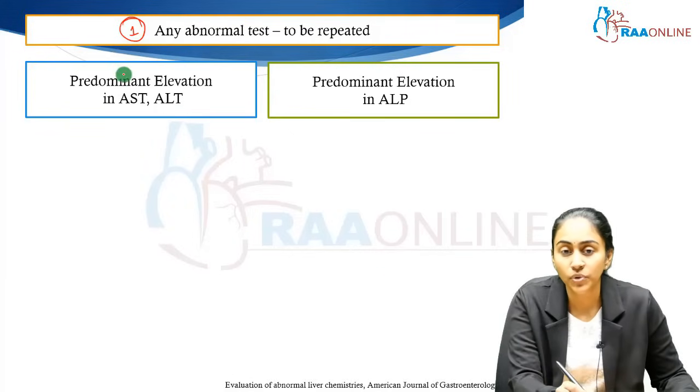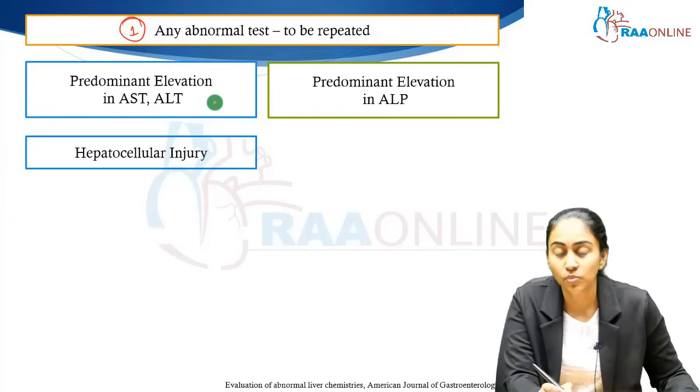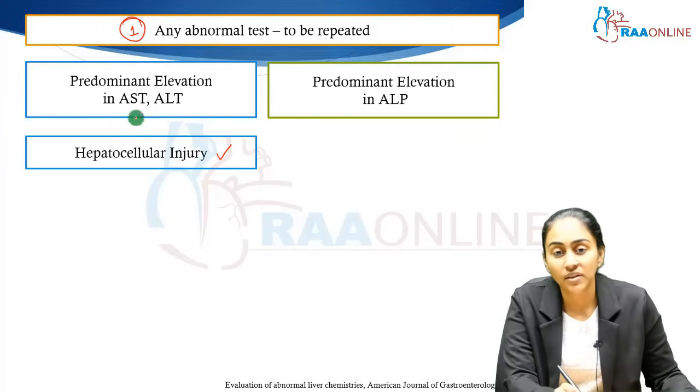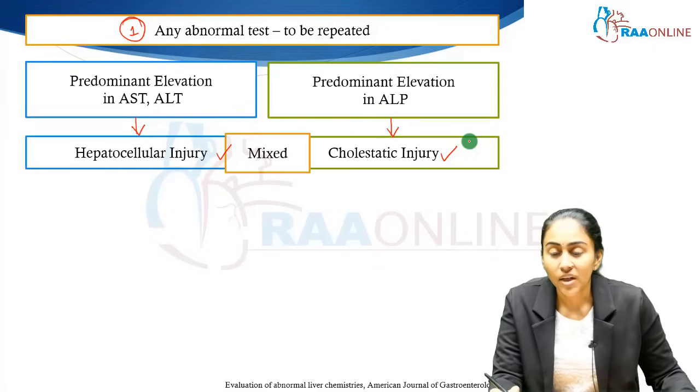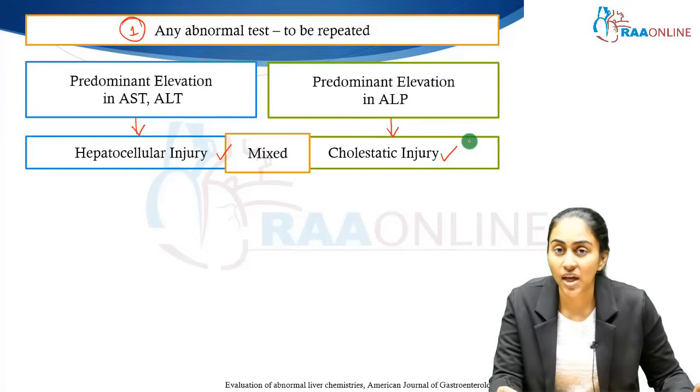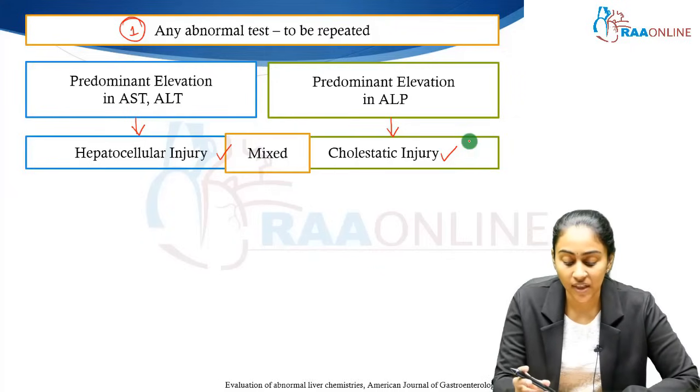Now I already told you, if there is a predominant elevation in the transaminases, that is going to point towards a hepatocellular injury. And if there is a predominant elevation in the alkaline phosphatase, that is going to point towards a cholestatic injury. Sometimes patients can have both transaminases and alkaline phosphatase elevated.